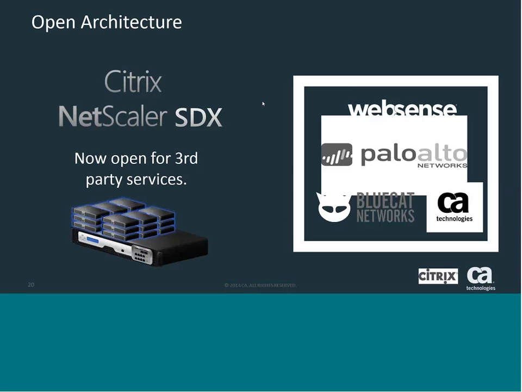So what we have done is we have worked with CA to be able to run the CA Access Gateway, which is a key part of the larger CA single sign-on product portfolio, directly on the Netscaler SDX, greatly simplifying the deployment of Netscaler and CA together, where they are working in conjunction to provide strong authentication and seamless authorization across a broad portfolio of applications, all within the same organization.